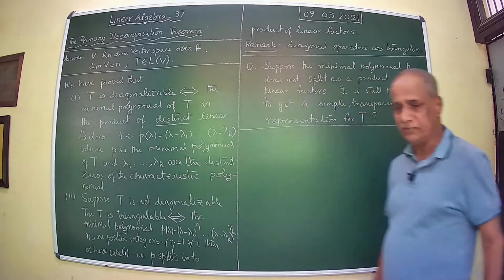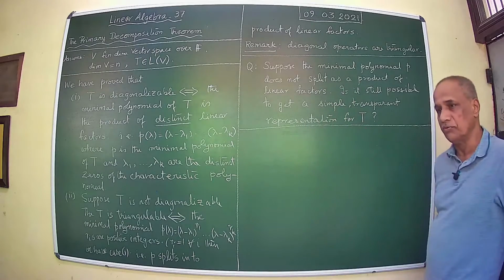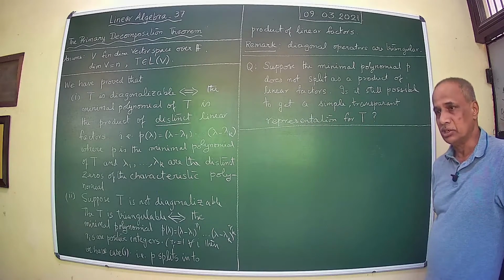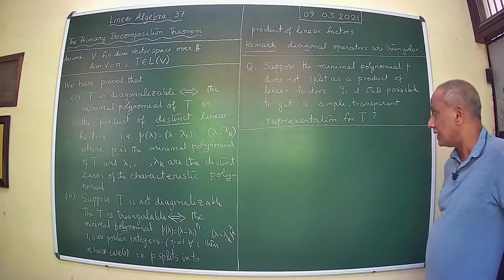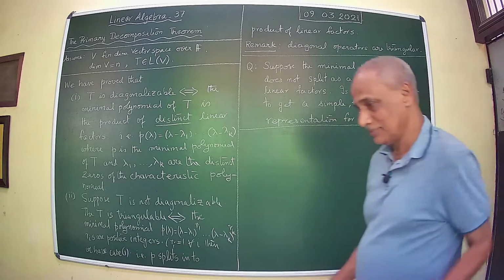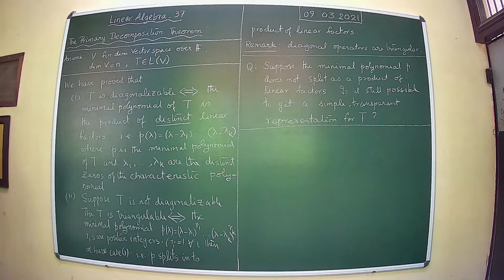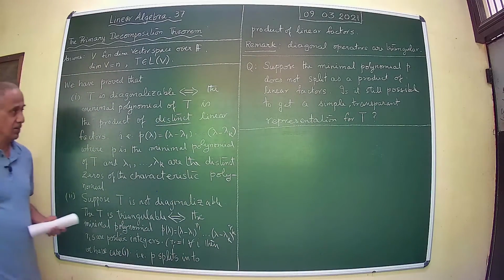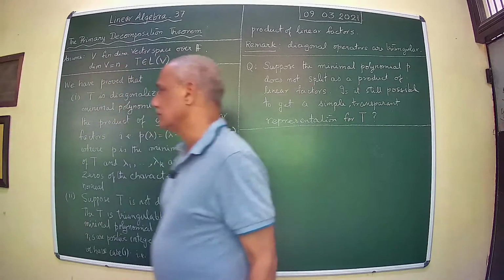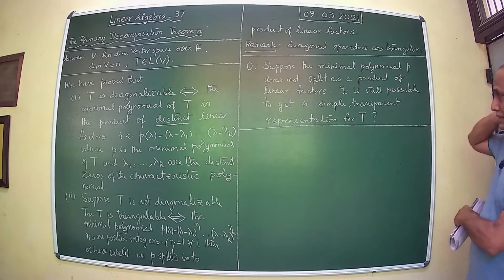So we have a lot of insight from the analysis that we pursued so far. We consolidate all that and then finally try to answer this particular question. Okay, so let us start working out the details. Now, the first thing that you observe is this.